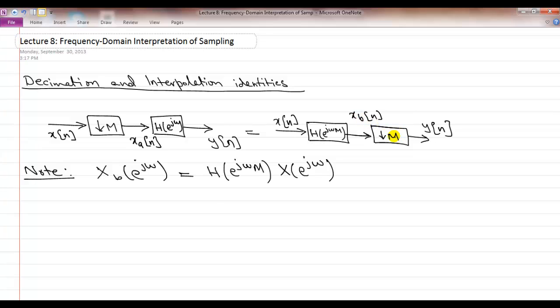And if you remember from last class, decimation is just a rescaling of your frequency axis, and there is also a scaling of the amplitude by 1 over M. Right? So the relationship between y and x_b[n], there is a scaling 1 over M. You get M copies of the Fourier transform, i equal to 0 to M minus 1, X_b of e to the j omega minus 2 pi i over capital M.